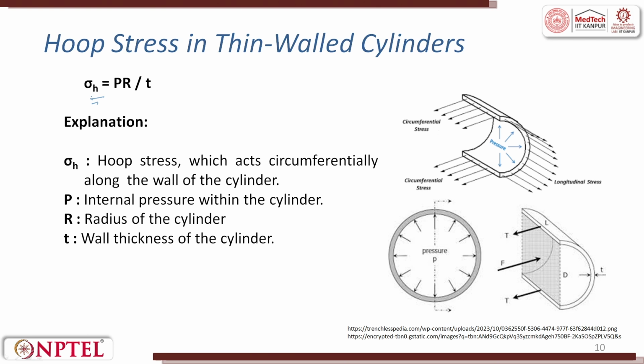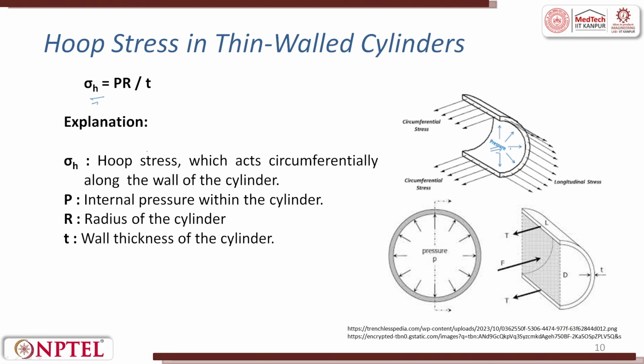sigma h, the hoop stress, is nothing but P multiplied by R divided by T. So, what is P? P is the internal pressure which is exerting on the thin shell.